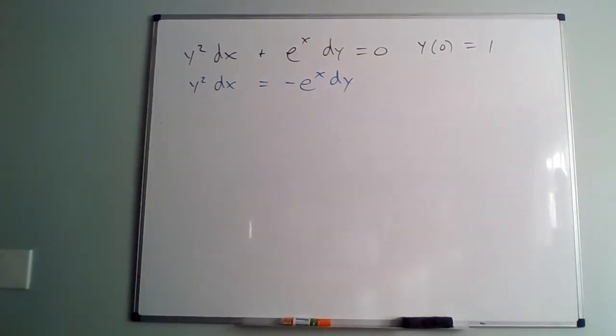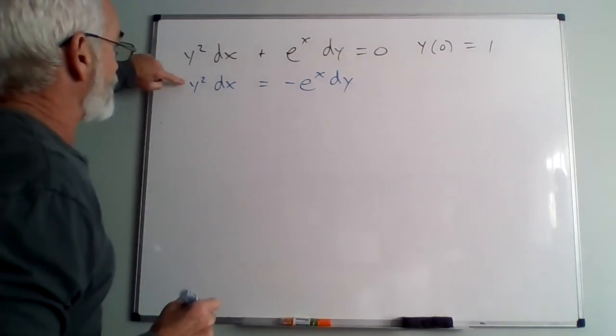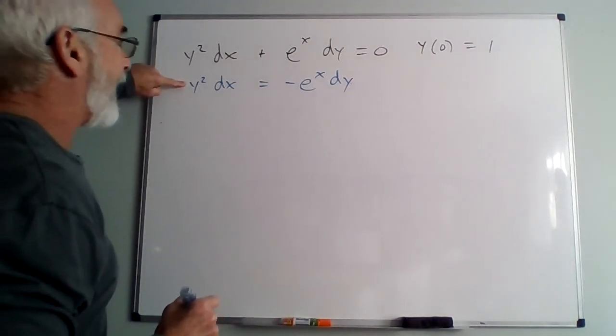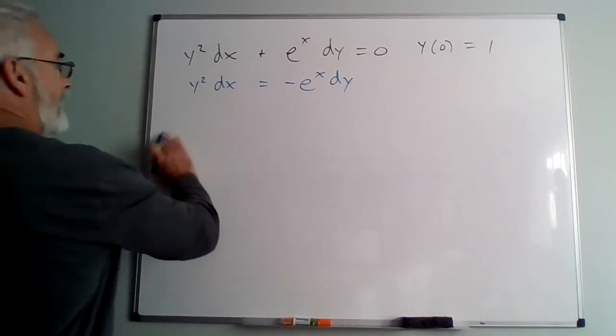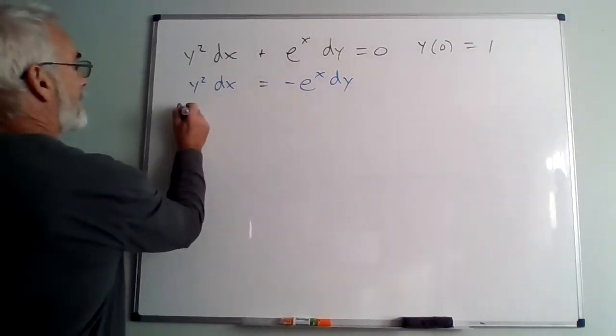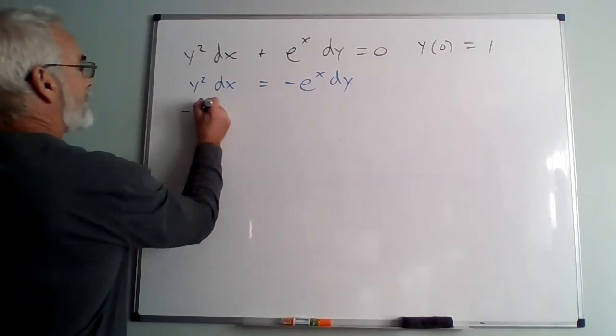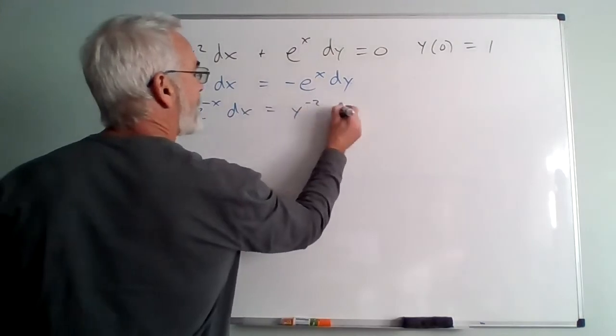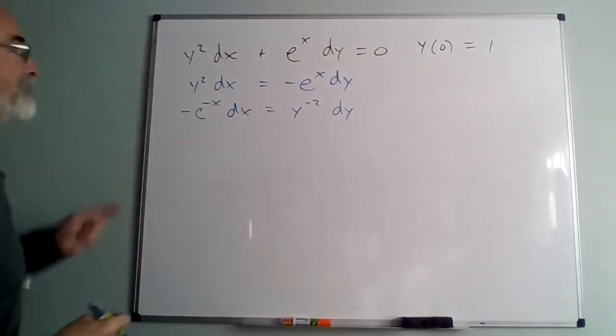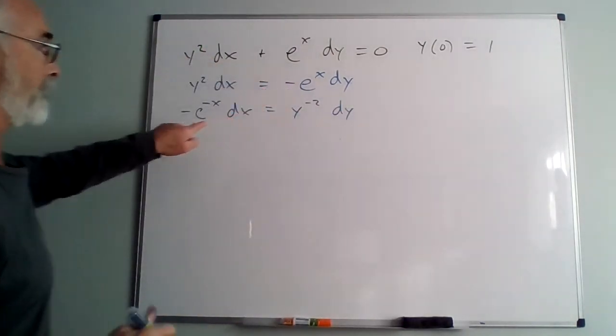So the next thing we'll do is multiply both sides by the reciprocals. I'm going to multiply both sides by 1 over y squared and by 1 over e to the x. So in this case, what that will give me on this side is negative e to the negative x dx equals y to the negative 2 dy. I just multiplied both sides by the reciprocals of these terms.